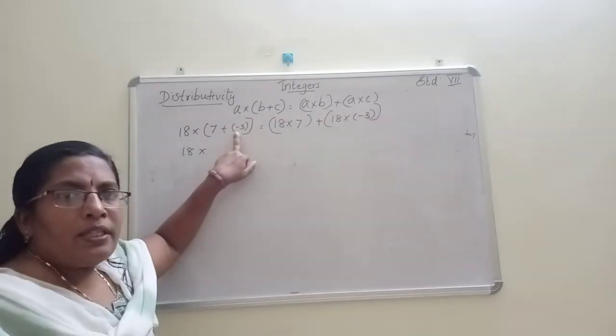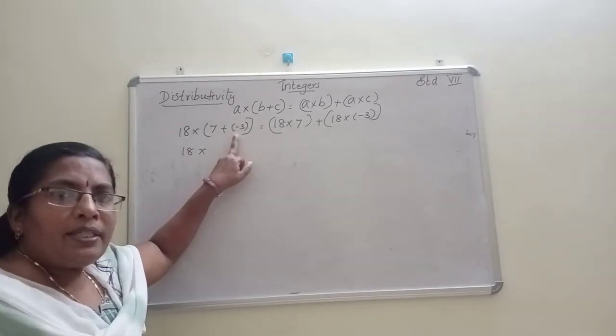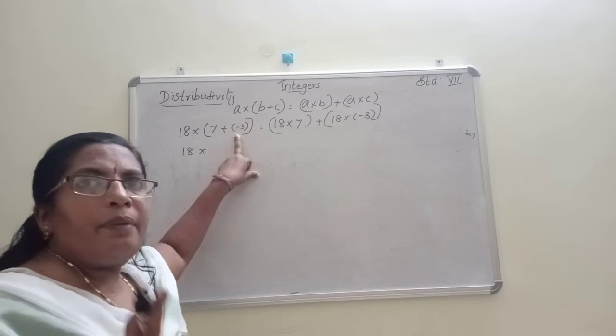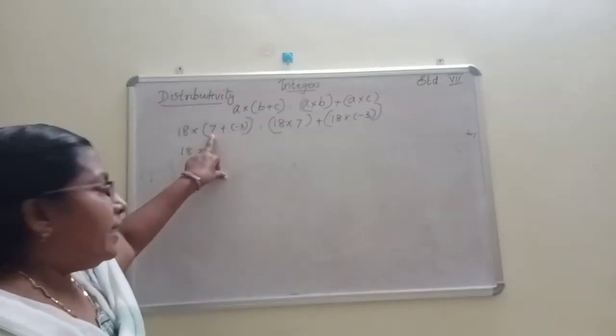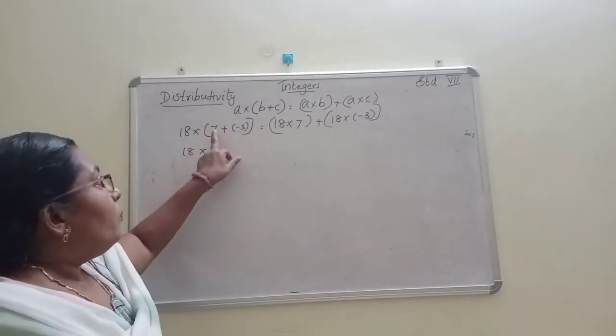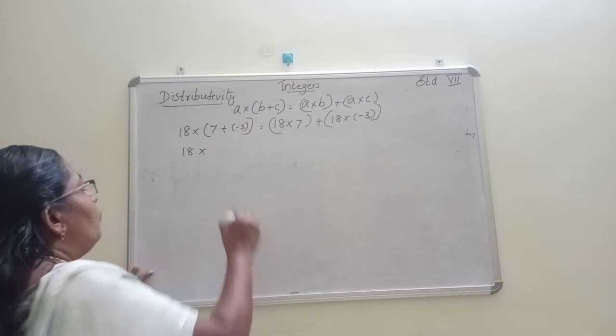In addition, what is the rule? If there are two different signs in addition, you should first check the greater number's sign. So 7 is the greater number, that sign is positive. Then what we want to do? We should subtract the numbers. 7 minus 3, 4.